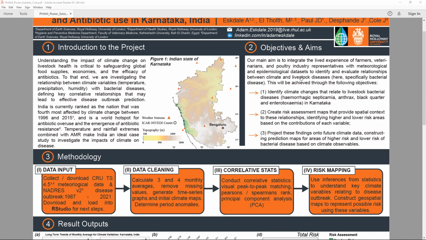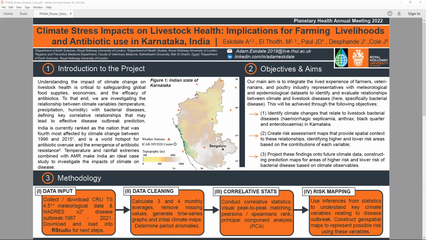All of these diseases have known relations with livestock, especially in India, where there's a strong livestock economy. And so understanding how these bacterial diseases are impacted by the ever-changing climate, specifically climate variables such as temperature, precipitation, humidity, and diurnal temperature range.